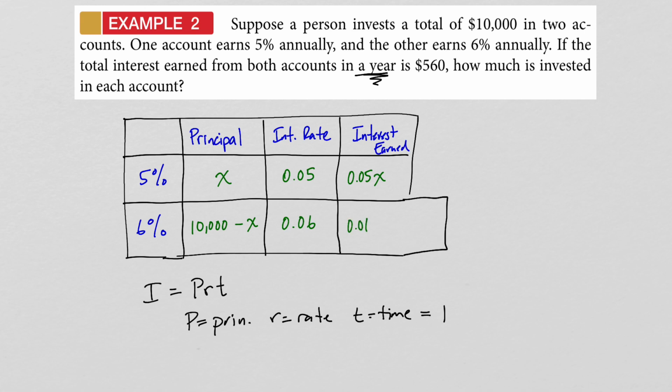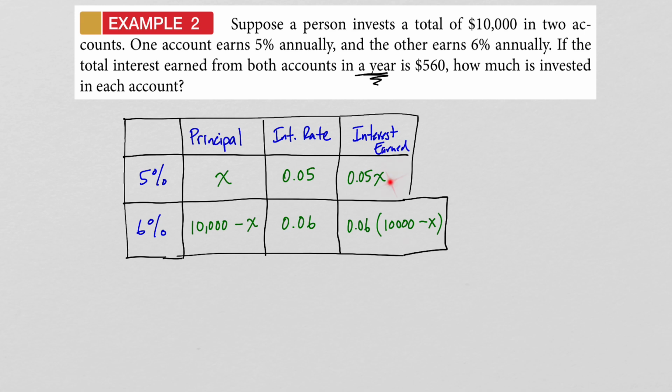Okay, so we have 0.06 multiplied by 10,000 minus X. So now we have a variable expression that represents the amount of interest earned in each separate account. And we know the total interest is $560. So the interest earned here, which is 0.05x, plus the interest earned here, which is 0.06 times 10,000 minus x, must be equal to the total interest earned in 1 year, which is $560.